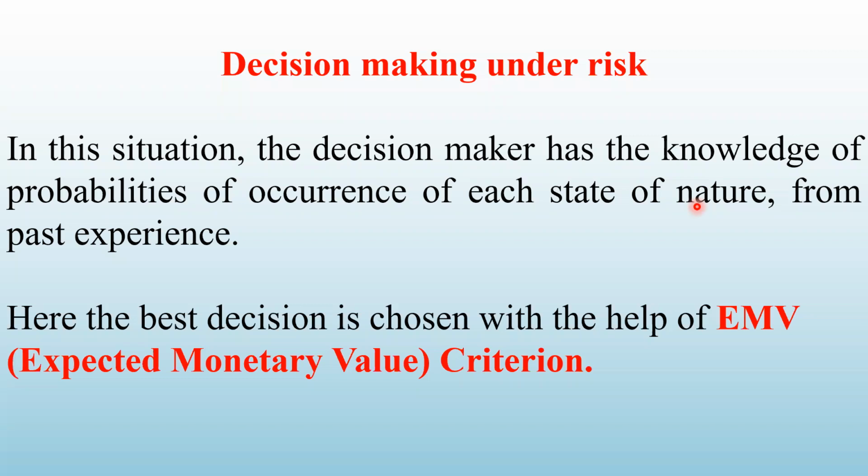So he knows that the demand of a product is low, this much is the chance, or the demand is medium, this much is the chance. They know the probabilities of each state of nature from past experience. In this case, to find the best course of action, we use the EMV criterion. What does EMV stand for? Expected monetary value.